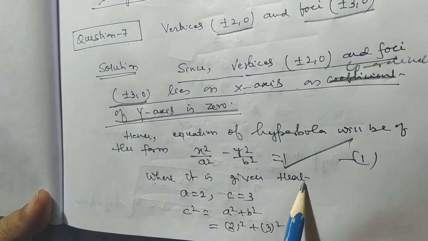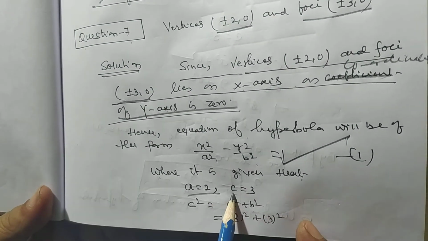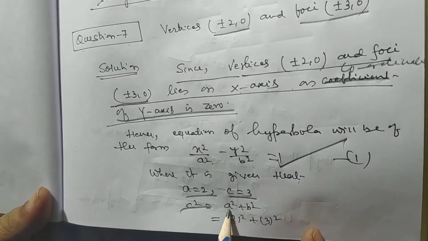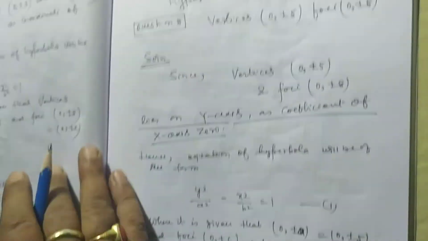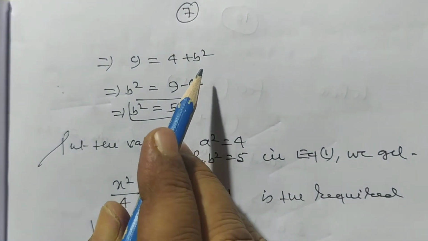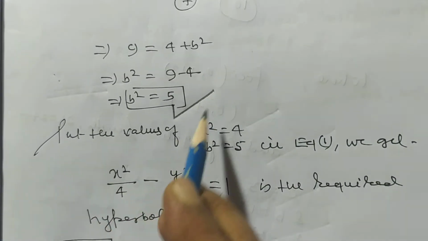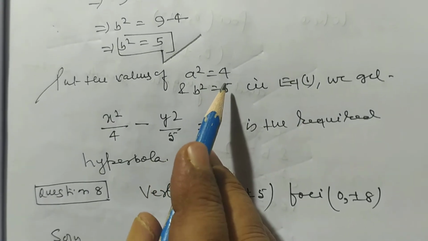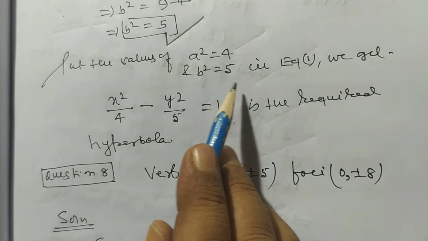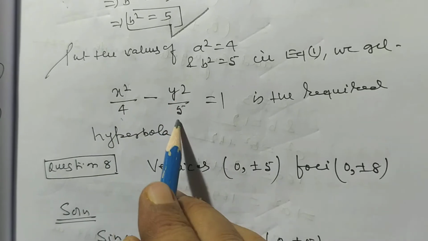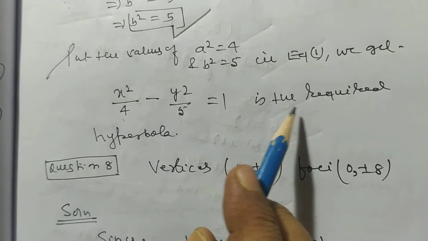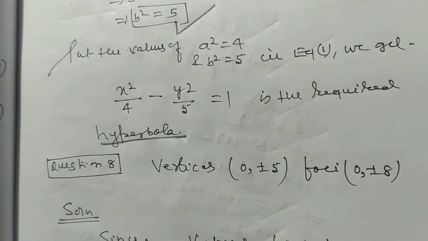Here it is given that a is equal to 2, c is equal to 3, c square is equal to a square plus b square, that is 2 square plus 3 square, that is 9 is equal to 4 plus b square, and b square is equal to 5. Put the values of a square as 4 and b square as 5 in equation first. We get x square by 4 minus y square by 5 is equal to 1 is the required hyperbola.